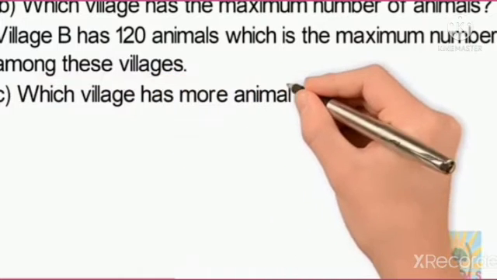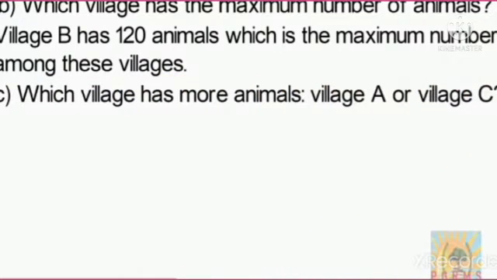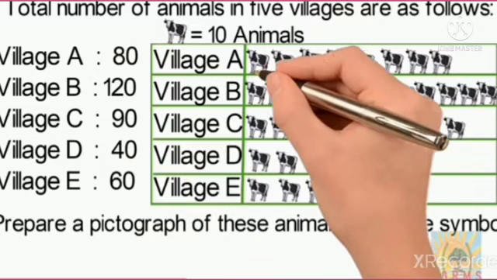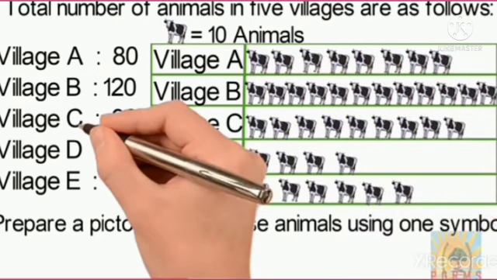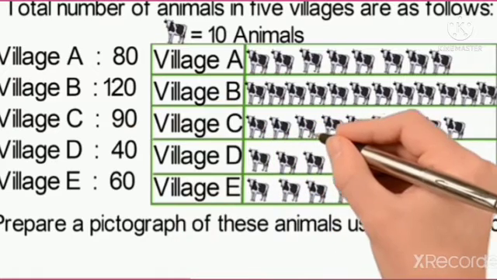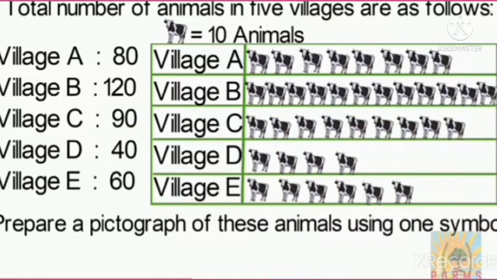Now our next question is, which village has more animals, village A or village C? So again we will see the pictograph and find out the answer. So here village A has 80 animals, and we use 8 symbols, and village C has 90 animals and we use 9 symbols to show the 90 animals.